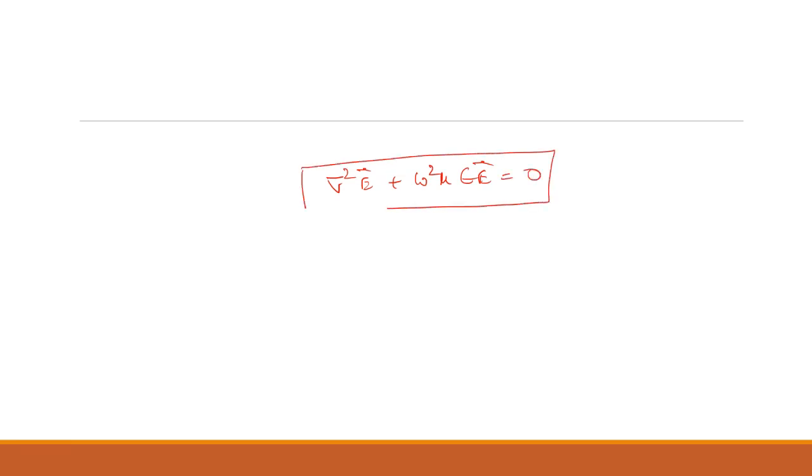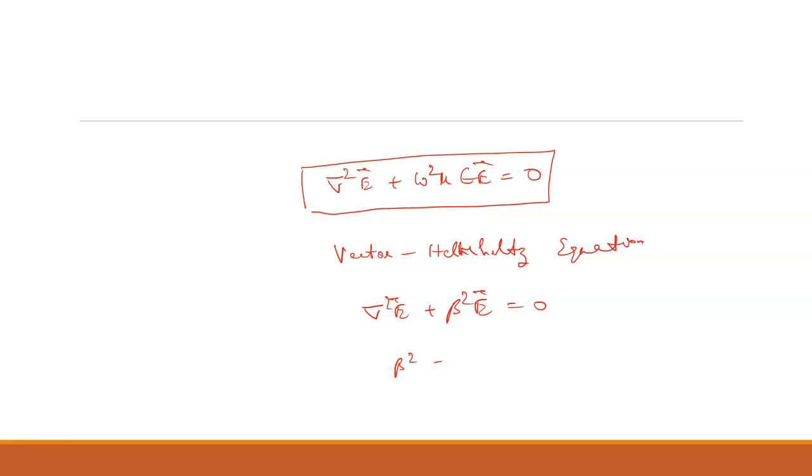This is the wave equation in phasor form in lossless medium. This is also known as the vector Helmholtz equation, or del square E plus beta square E is equal to 0.